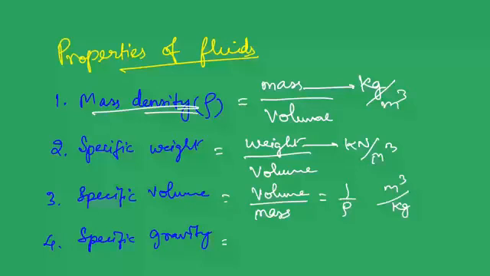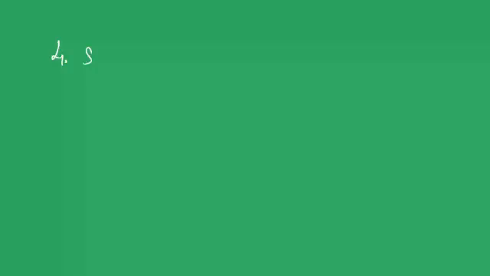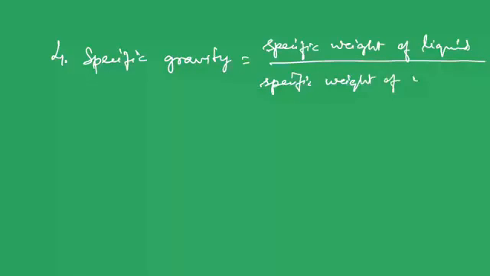The fourth one is the specific gravity. The specific gravity is actually equal to the specific weight of the given liquid divided by the specific weight of water. So the specific weight of given liquid, we don't know what it is, we'll just keep it.